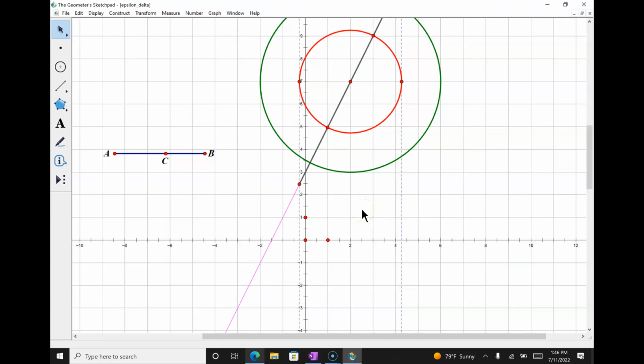Do you see this bold piece of the function?